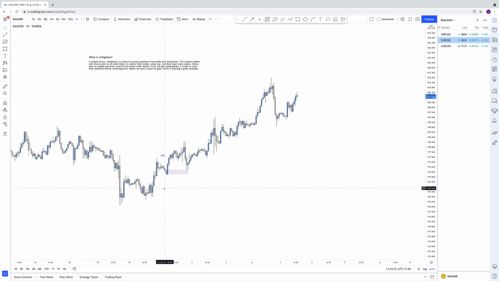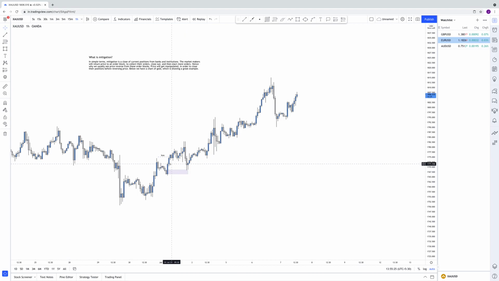So what we can see is we broke structure, we put in a new higher high, which really was up here, new higher low, last down candle before the up move. This is a bullish order block, price came back in, and this is a mitigation. Okay, so money came into the market here, larger orders, price then came back into that level, mitigated their orders or any sell positions that they had prior.